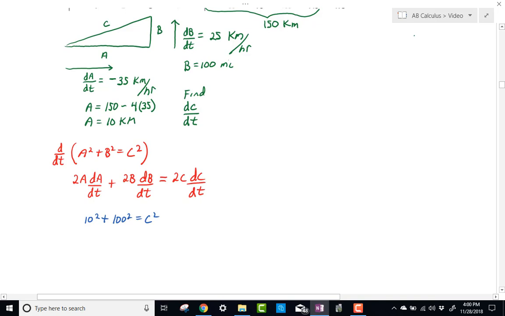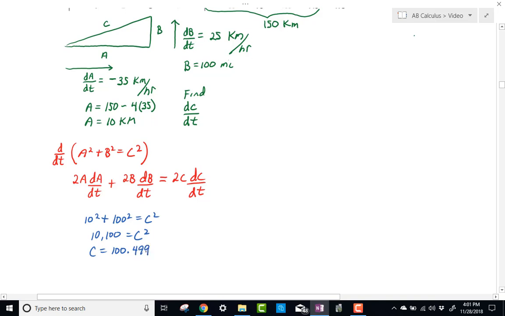So the left side is going to be 100 plus 10,000, so this is going to be 10,100 equals C squared. I'm going to pull out a calculator again. So C equals 100.499.